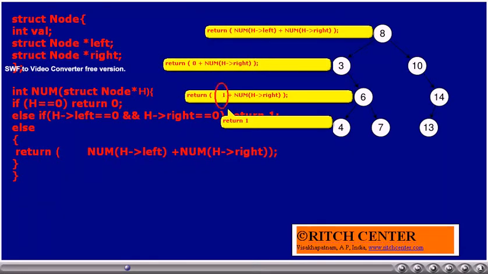When we call the function num(h->left) from the node whose value is 6, we will be sending the address of the node 4. However, this node is a leaf node, thus it returns 1.